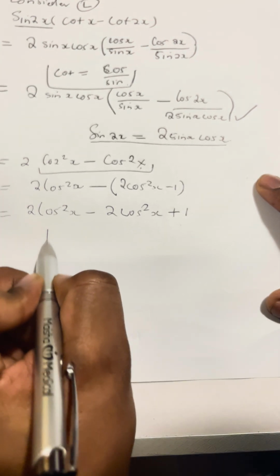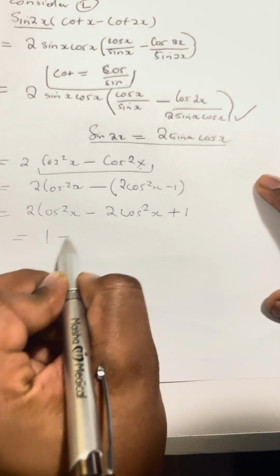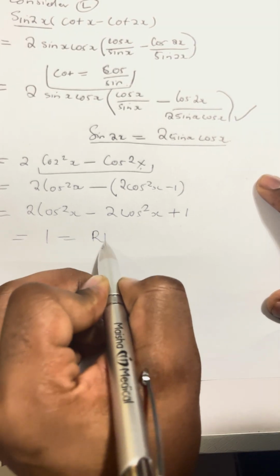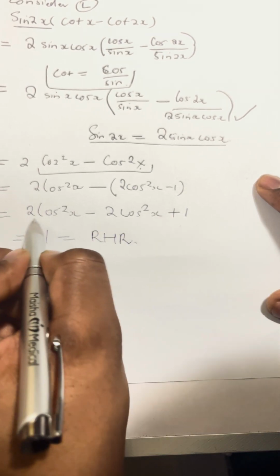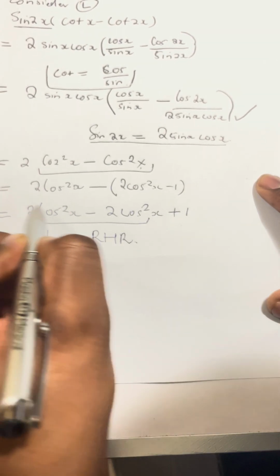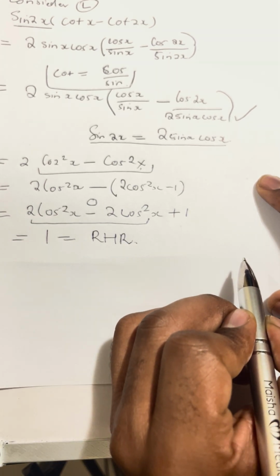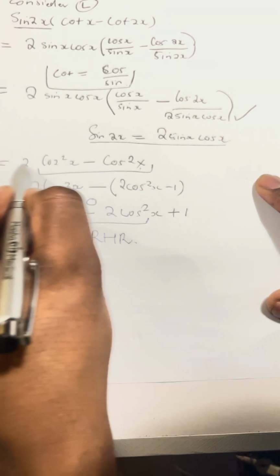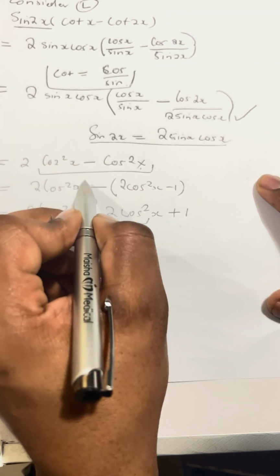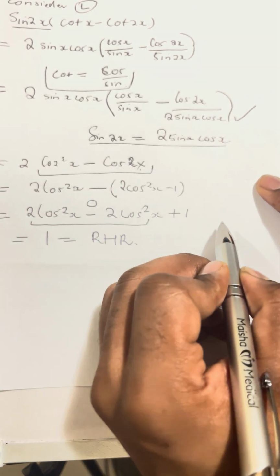Now, 1 is equal to the right-hand side. This and this go to 0.